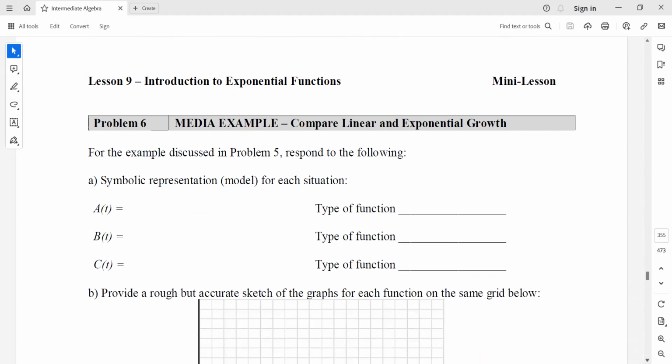Now we are supposed to find the symbolic representation for each situation. Now for A, remember we have $1,000, and every day you have $1,000 being deposited into it. Now for B, you have 1 penny, right? And it doubles.